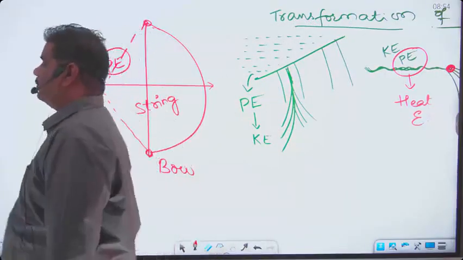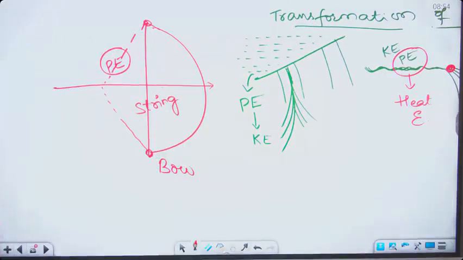The energy that is possessed by water that is stored in a reservoir is always potential. Energy stored by water stored in a reservoir is always potential energy. Next.